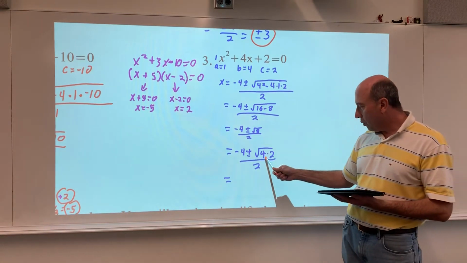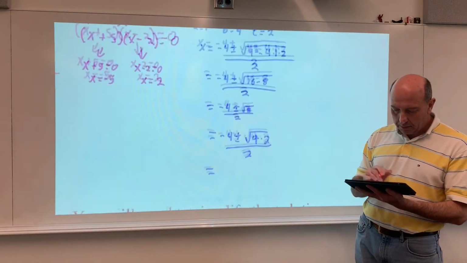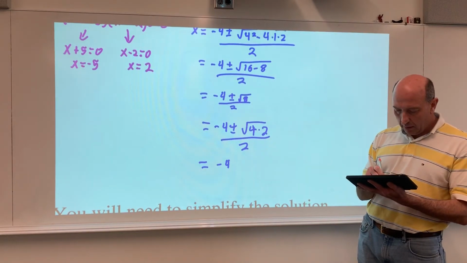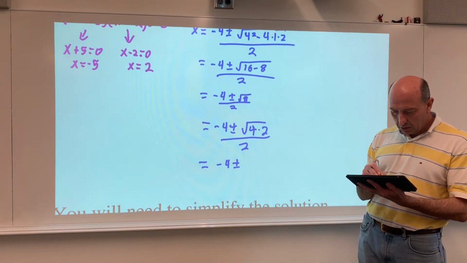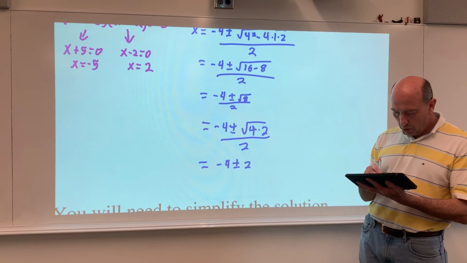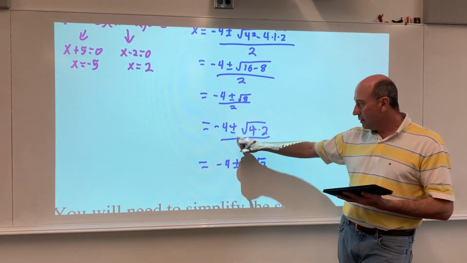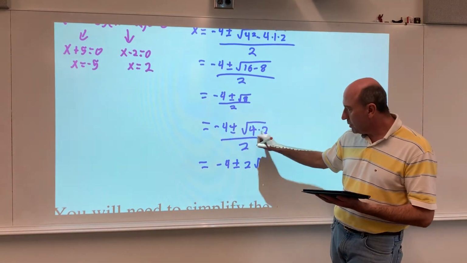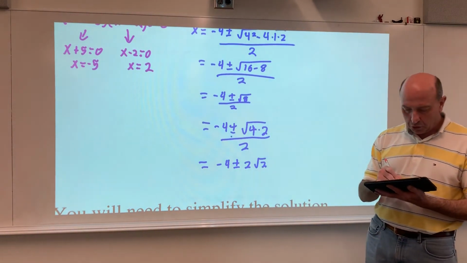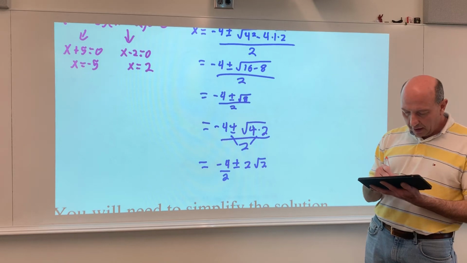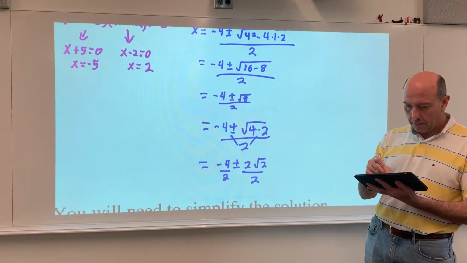Now, the square root of 4 is 2, so that comes out. So we have negative 4 plus or minus 2 square root of 2. Now, since we're adding or subtracting, we have to distribute the 2 to both parts. So it's this divided by 2 and this divided by 2.